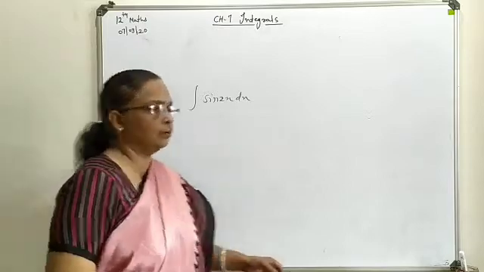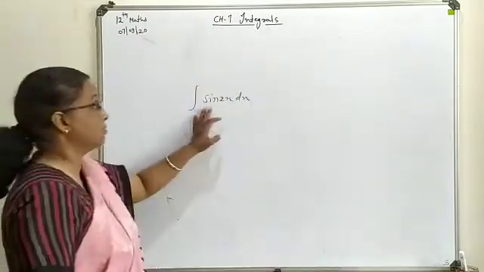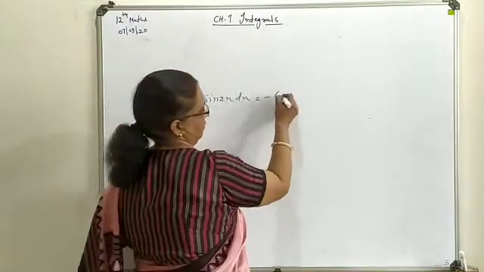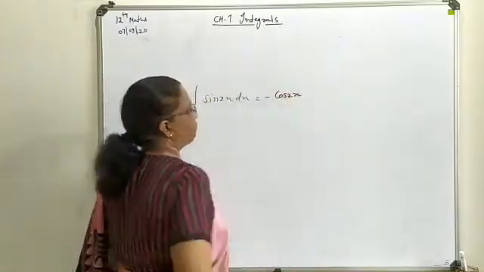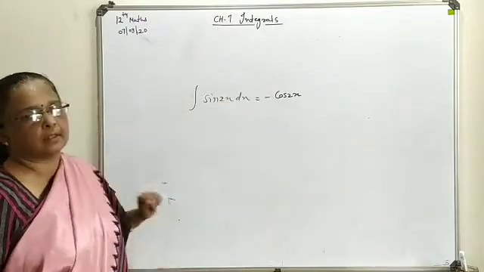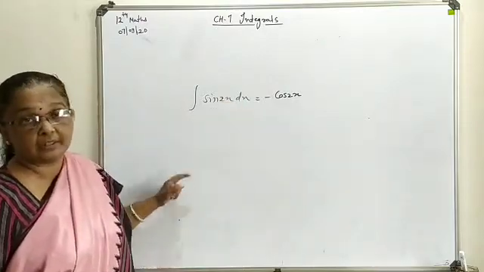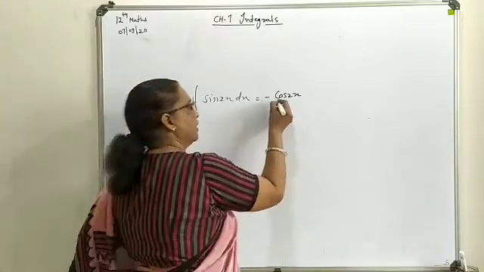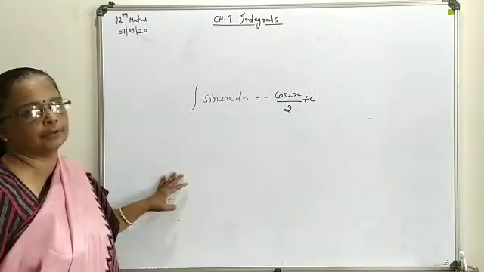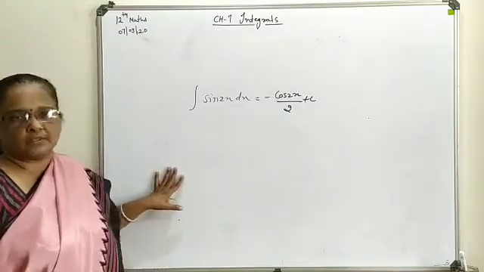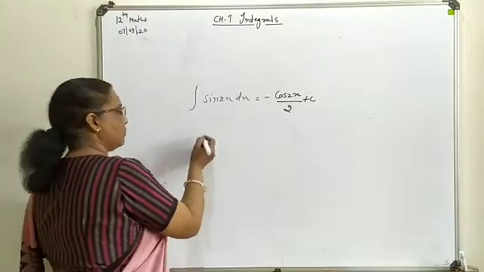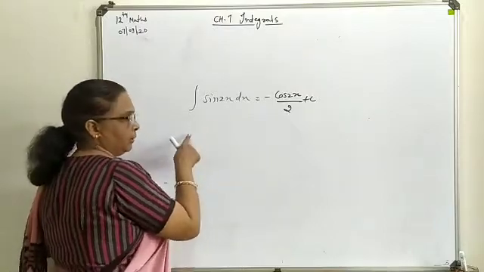First of all, with respect to sin, you will write minus cos 2x. When we were writing differentiation, these two we were writing in multiplication form, but here in place of multiplication, these two are to be divided. It is not mentioned in your textbook, but I tell you, many times it is to be implemented.